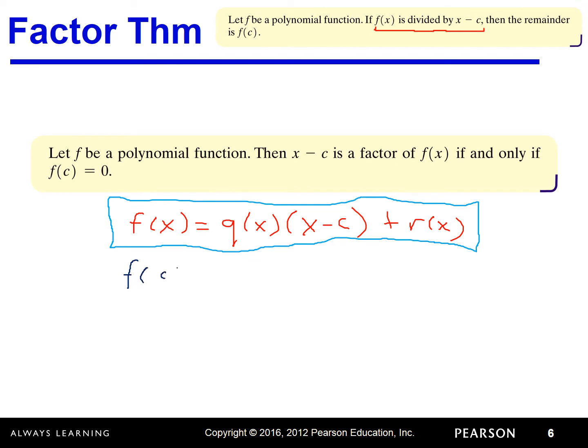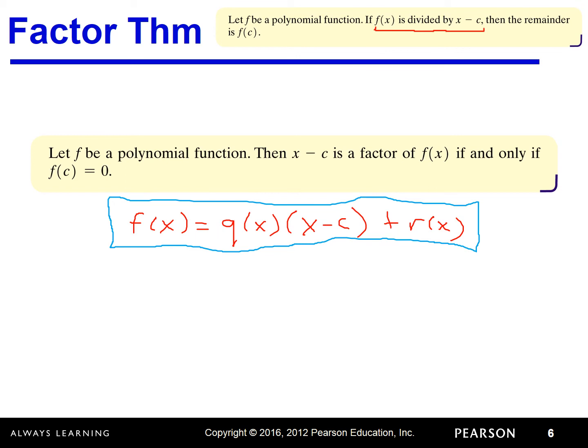F of c is q of c. Oh, I'm doing the remainder theorem again. Okay.